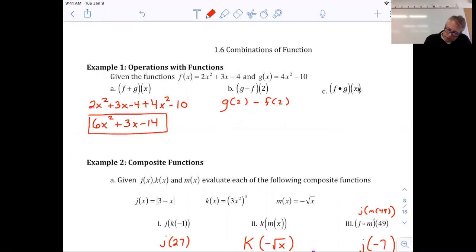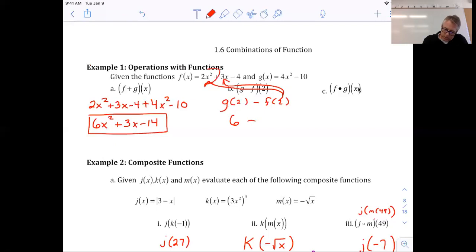So when I plug 2 into g, I get 2 squared is 4, times 4 is 16, minus 10, which is 6. So again, g of 2, I got 6 by plugging a 2 into there. f of 2, I have to plug my 2 into there for all the x's.